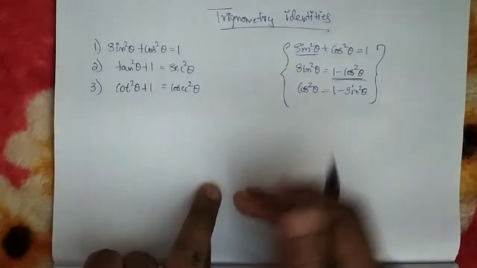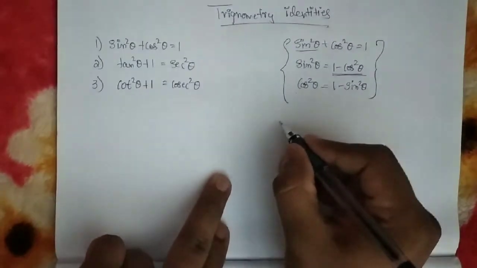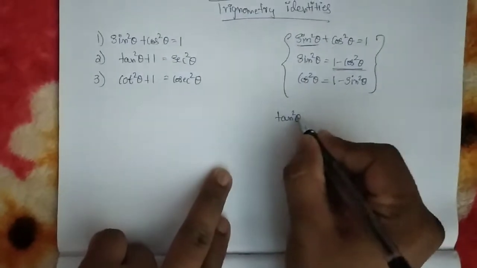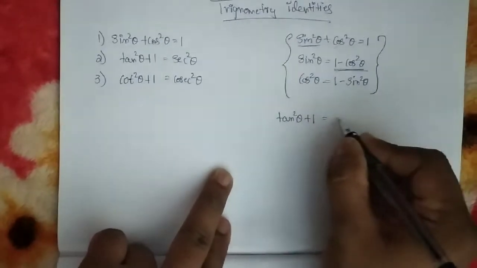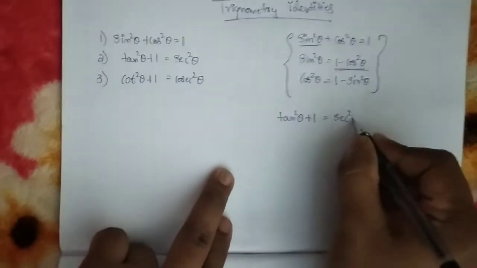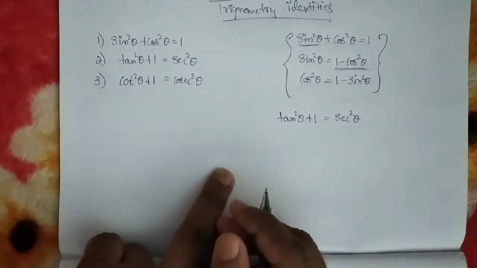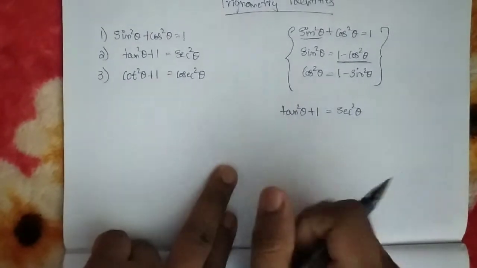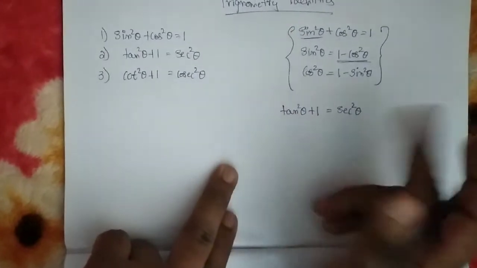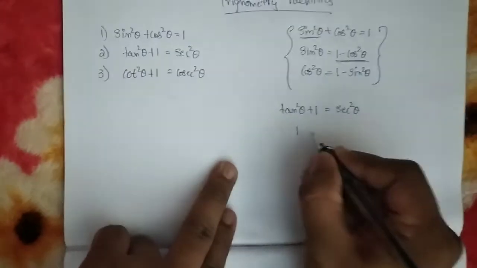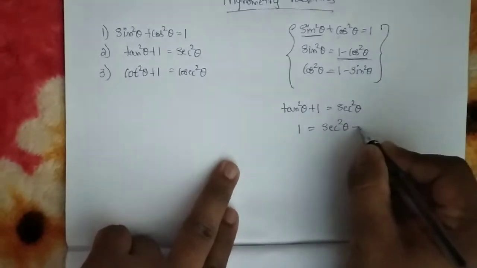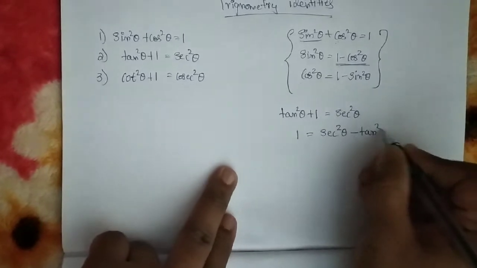Okay, similarly, I am considering the second identity. What is the second identity here? Tan square theta plus 1 is equal to secant square theta. Okay, what I can do now, I can shift tan square theta to the right hand side. If I shift the tan square theta to the right hand side, I will get 1 is equal to secant square theta minus tan square theta.